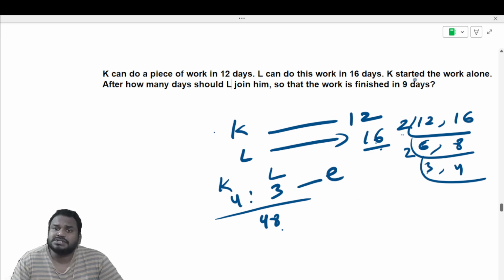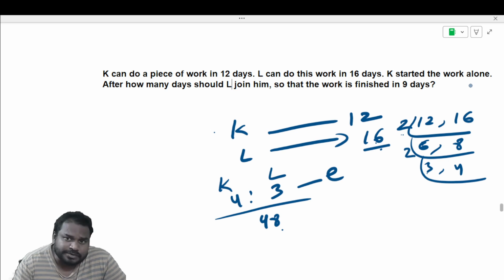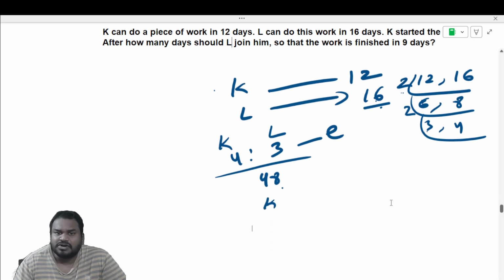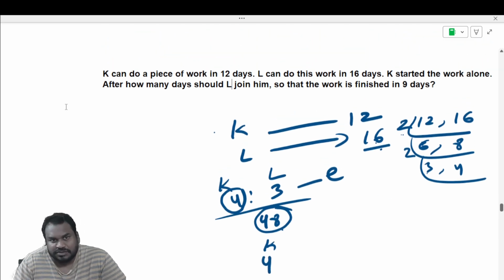So what is he saying? K started the work alone. After how many days should L join him? K started the work already. When he starts, how many parts of work can he finish? 4 parts. Out of 48, he finishes 4 parts in the first day. But K started the work alone.